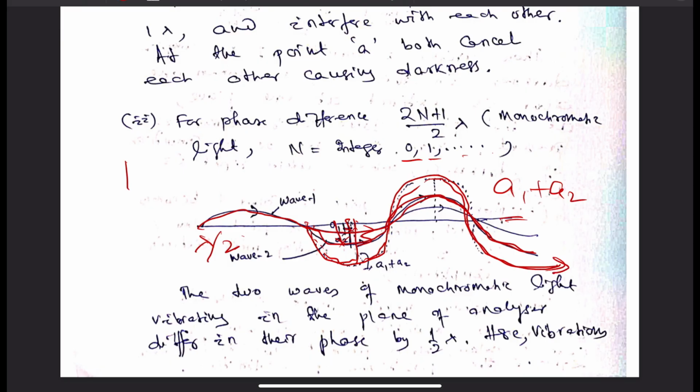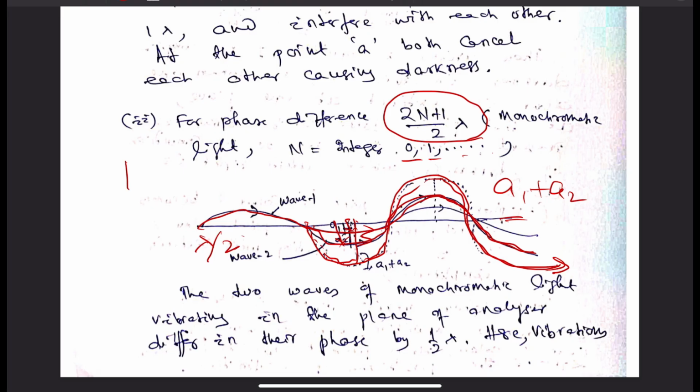And this is a case of help or constructive interference. Light will not become extinct. So (2n plus 1) by 2 lambda phase difference is the case to help the light rays produce color. The n lambda case is the case to cancel each other and produce darkness.